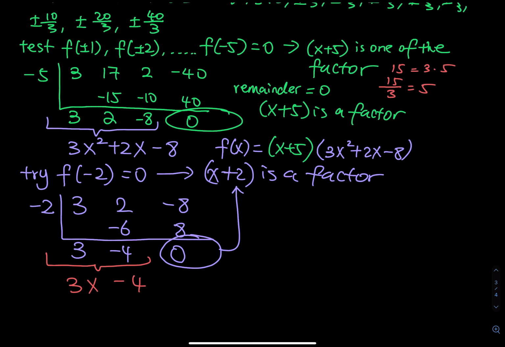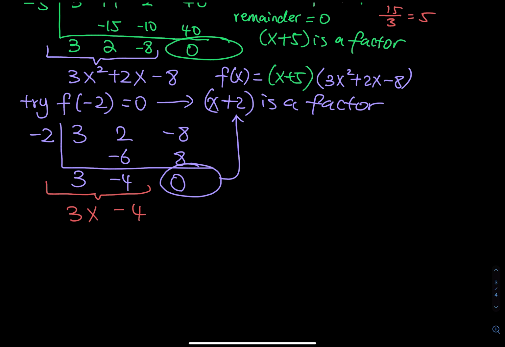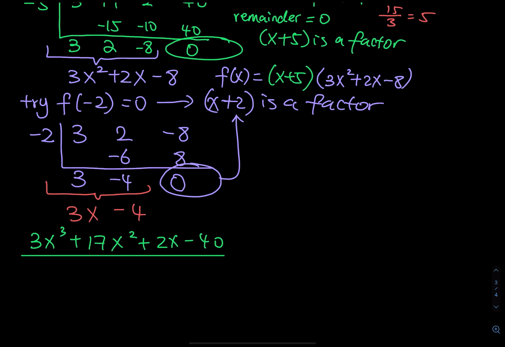Now, let's draw a summary. We performed two synthetic divisions. I would like to draw a summary of what we did. First of all, I gave you a third degree polynomial right here. You don't have to rewind the video. 3x cubed plus 17x squared plus 2x minus 40. And then we performed one synthetic division, right? First, we divide by x plus 5.